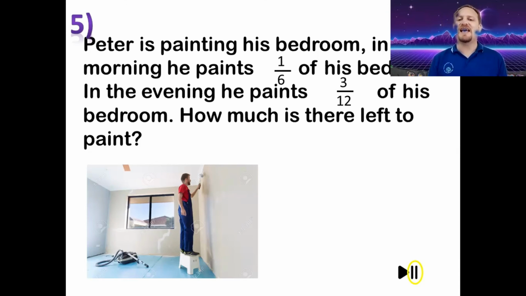How much is there left to paint? Okay, the word left can be your key word, can't it? Left over or remainder. So 2 operations you might need to do. You might need to add together first and then subtract, right? Okay, good. Press pause if you didn't already.